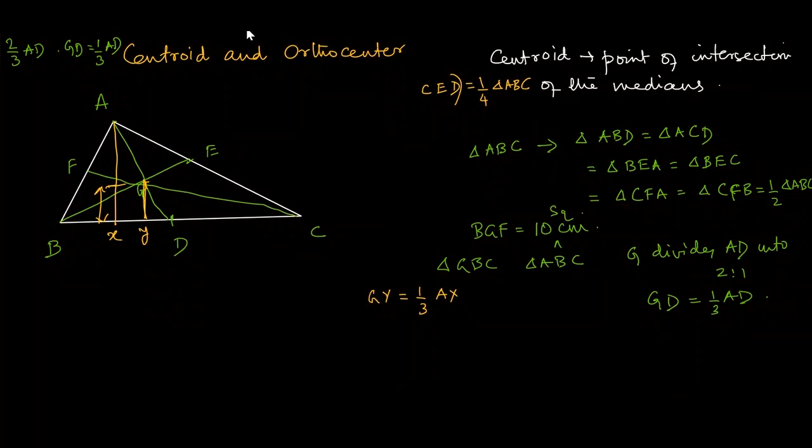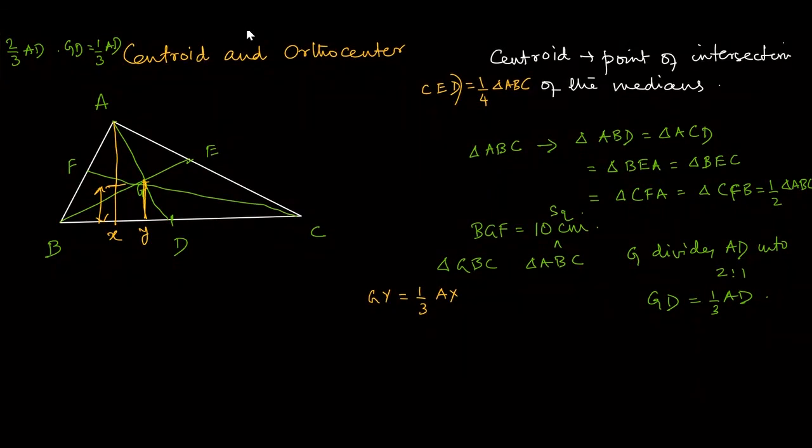So we can take the triangles DGY and DAX, and these two triangles will be similar, and therefore the ratio of their sides would be proportional. So that means GY over AX would be equal to GD over AD, which is 1/3, right?